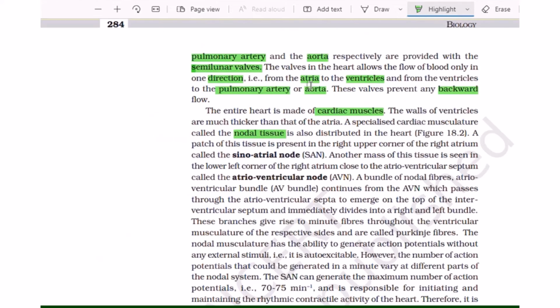And let's come back and look at the text once more. A patch of this tissue is present in the right upper corner of the right atrium, called the sinoatrial node, and another mass of this tissue is seen in the lower left corner of the right atrium as well.